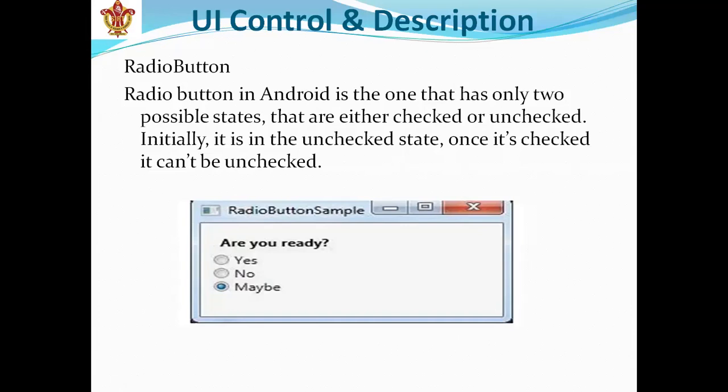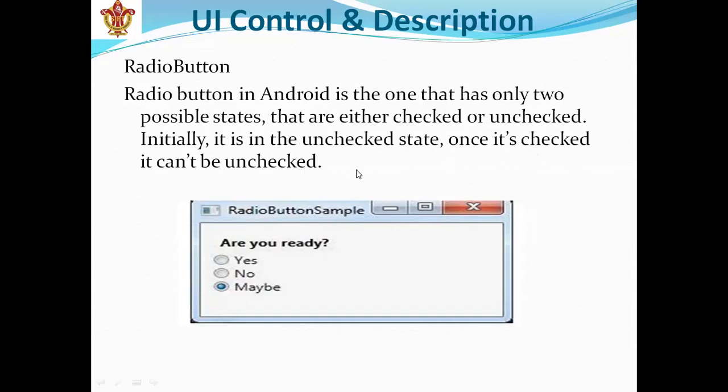Initially it is in the unchecked state. Once it's checked, it can't be unchecked. It means the initial state of the radio button is the unchecked state. And when you tick on it, then it can't be unchecked.